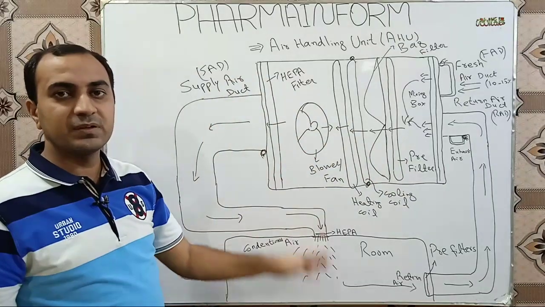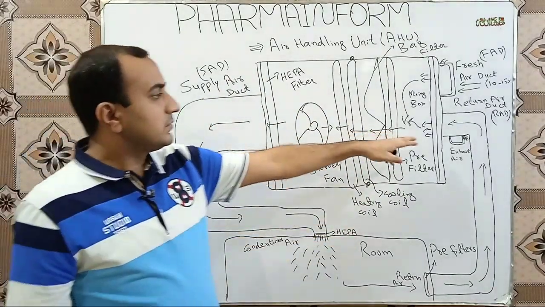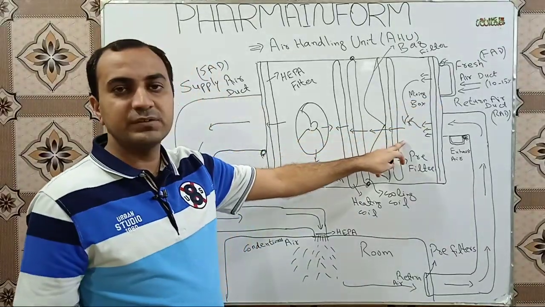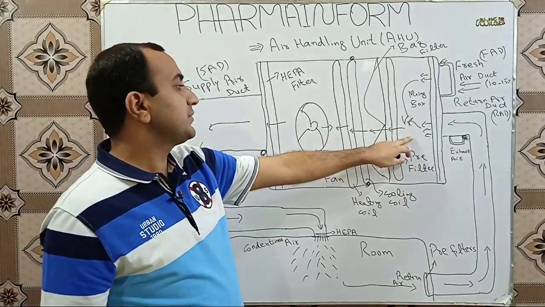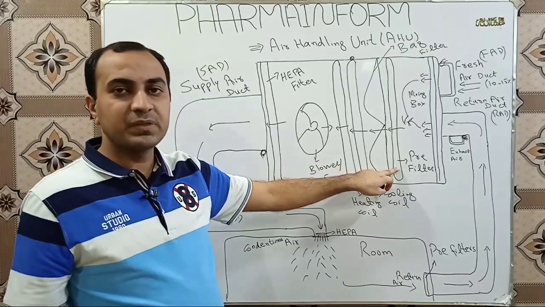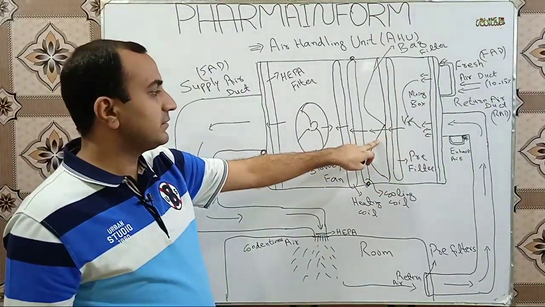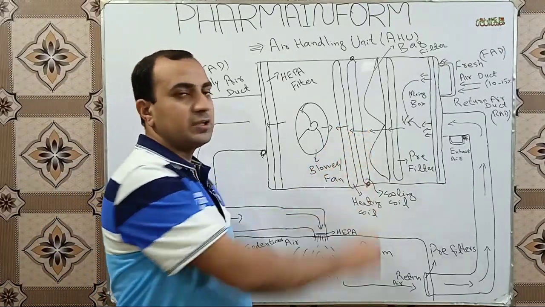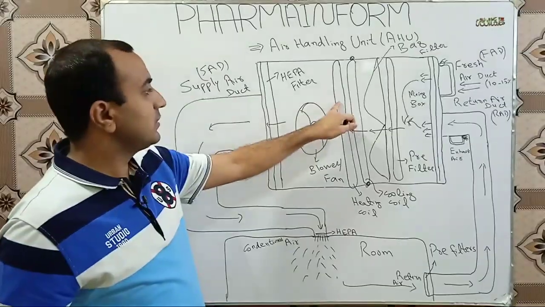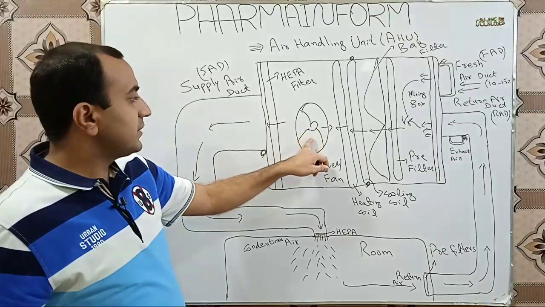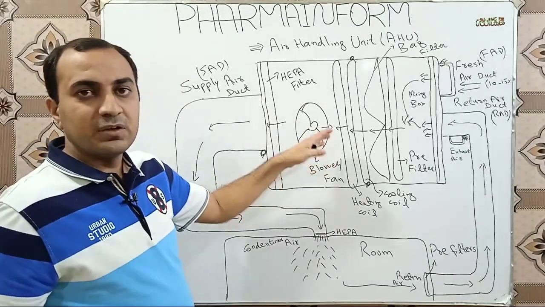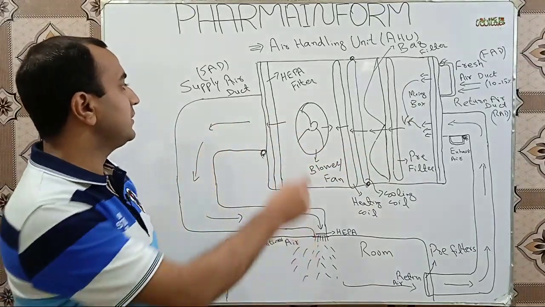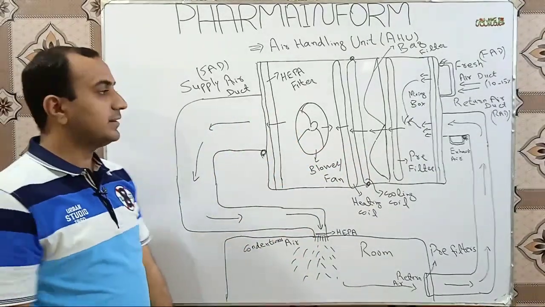So for a basic revision, the return air and fresh air from outside are mixed in the mixing box. From the mixing box, this air passes through the pre-filter, then it passes through the bag filters, then it passes through cooling coils, then it passes through the heating coils. This is the fan or blower which is responsible for the air suction and supply of the air to the area.